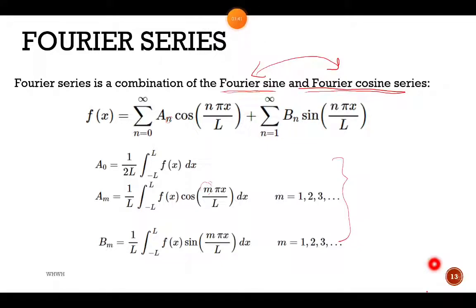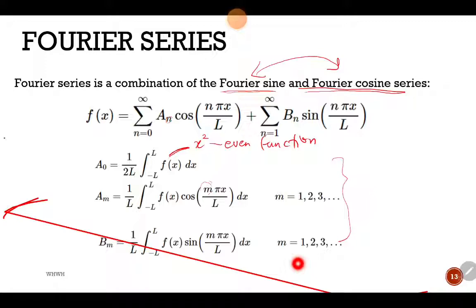Ingat tak dalam lecture video sebelum ni, untuk dapatkan nilai A0, instead of 1 over 2L, it is 1 over L, right? Kenapa dia 1 over L? Sebab fx, masa tu kita nak cari fx nya sama dengan x kuasa 2. X kuasa 2 ni is an even function.